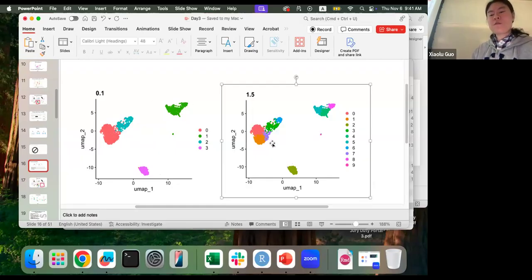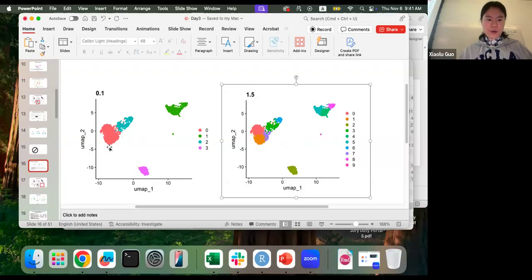However, if you care about more resolution, for example, you want to distinguish CD4 T cells versus CD8 T cells, or M1 macrophages versus M2 macrophages versus M0 macrophages, then you may get into higher resolution. So how many clusters you want to choose depends on your biological question.